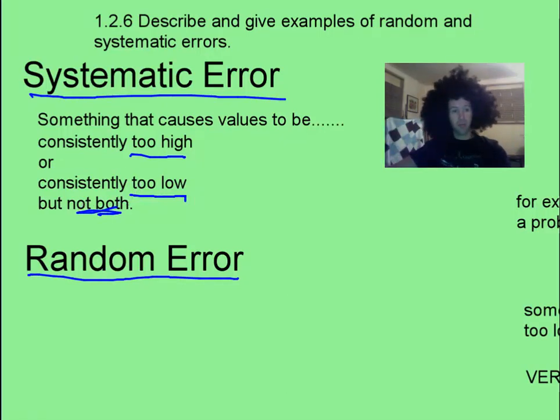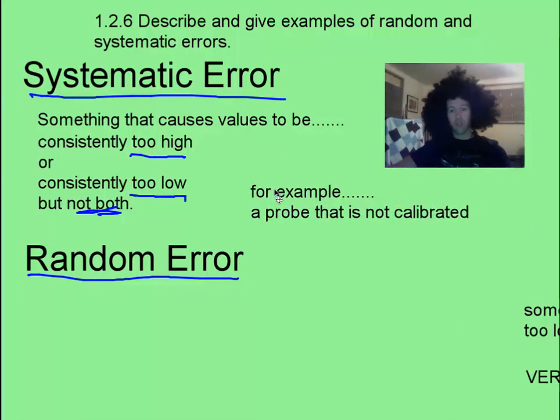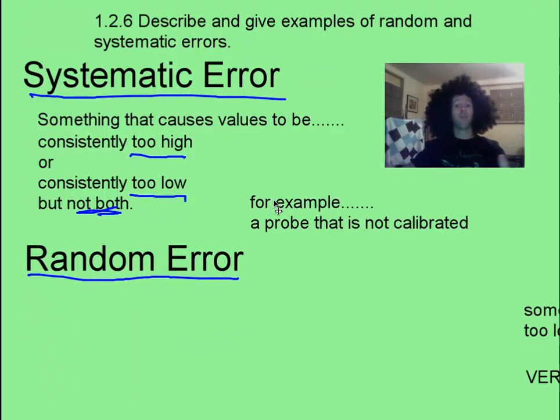An example of this, let's say you have a probe that is not calibrated. Many people would have a scale, maybe a bathroom scale, that always reads everyone's weight or mass as maybe 1 kilogram too high, or maybe it always reads everything 1 kilogram too low.